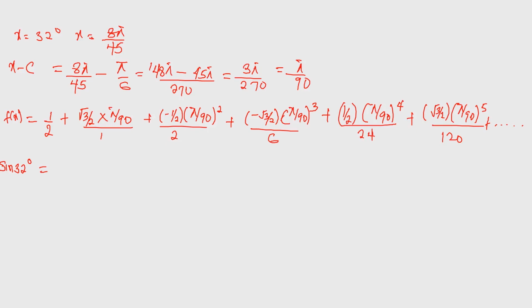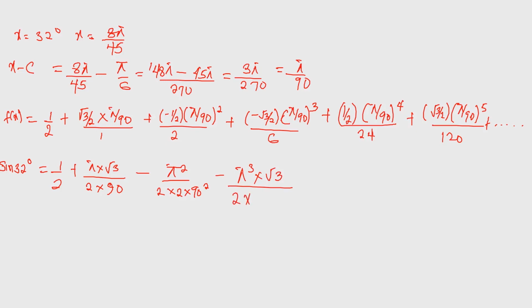At this point we are going to rearrange it: 1 over 2, plus pi multiplied by root 3 over 2 times 90, then minus pi squared over 2 times 2 times 90 squared, then plus pi cubed multiplied by root 3 over 2 times 6 times 90 cubed, and then plus pi raised to the power of 4 divided by 2 times 24 times 90 raised to the power of 4, then plus root 3 multiplied by pi raised to the power of 5 over 2 times 120 multiplied by 90 raised to the power of 5.